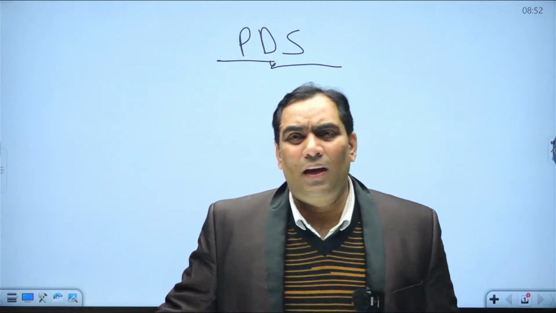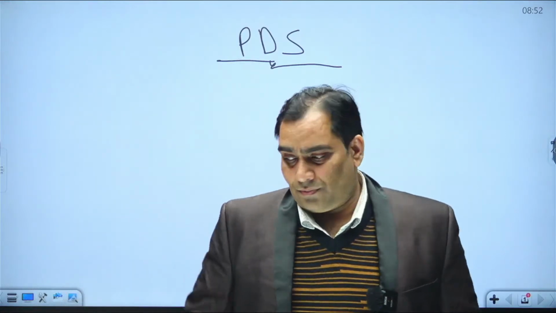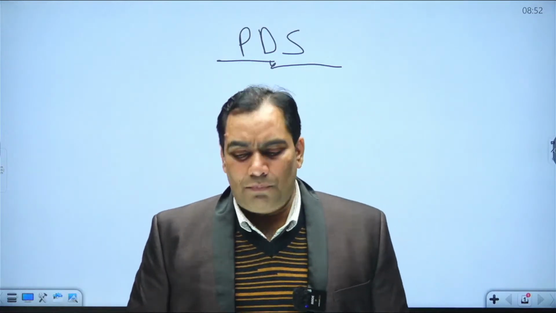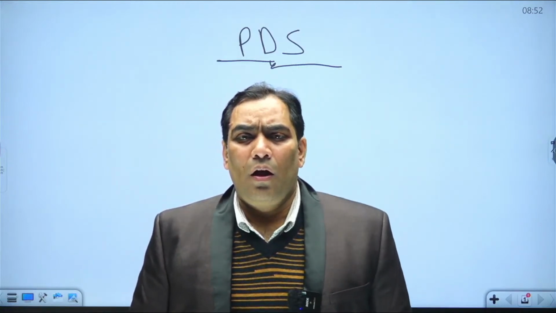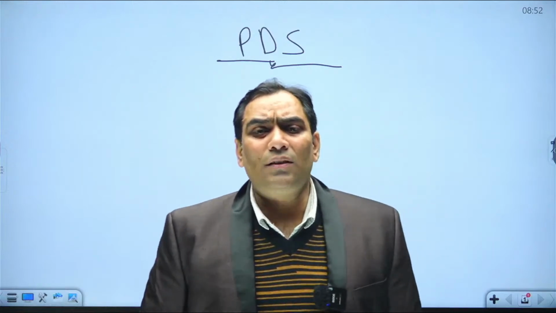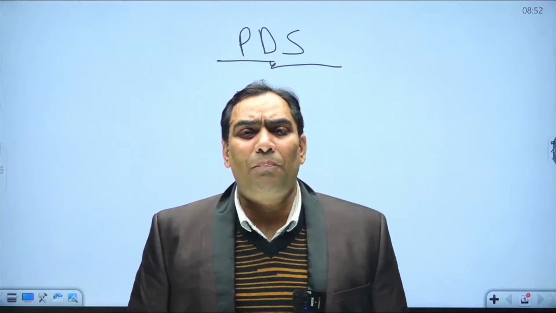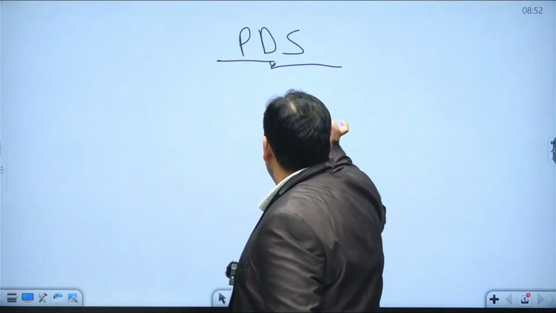Let me tell you, my dears, please listen to me very carefully. What is the meaning of PDS? PDS means the distribution of food to the citizens or to the people at a subsidized rate through fair price shops.